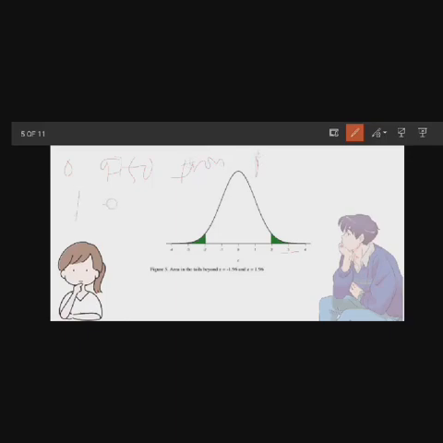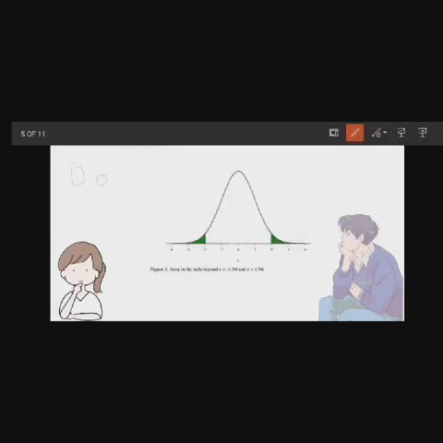So 1 minus 0.9750 is equal to 0.0250. As you noticed, it is the same as the value of the negative tail, 0.0250. To get the total of the two, you have to add the two values.